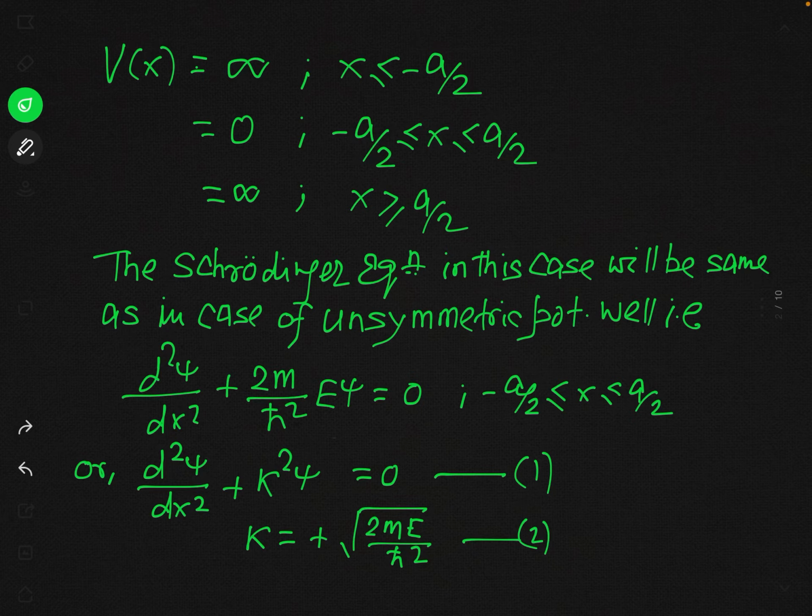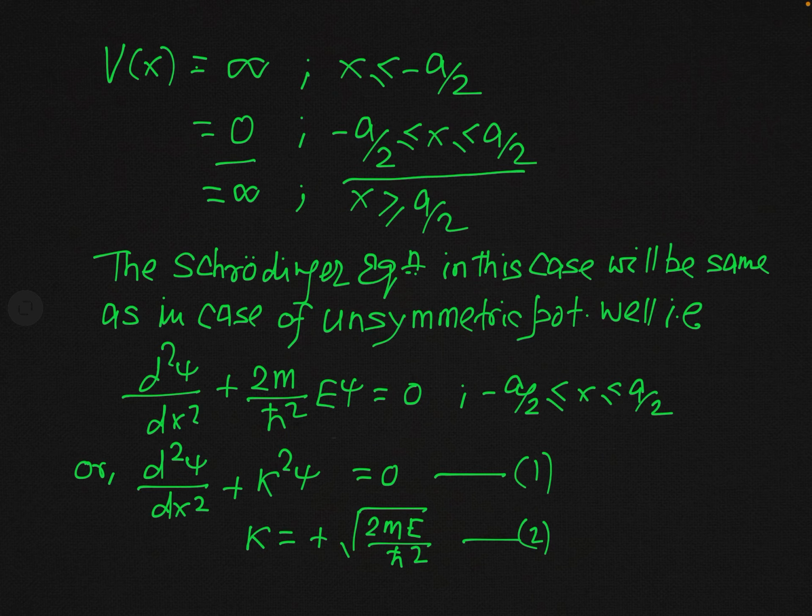In this condition we will again solve the Schrödinger time independent equation first, and we will find the energy eigenvalue and the eigenfunction. In this case, the Schrödinger equation will be the same as in the case of the asymmetric potential well, because in the region minus a by 2 less than or equal to x less than or equal to a by 2, the potential function is 0.